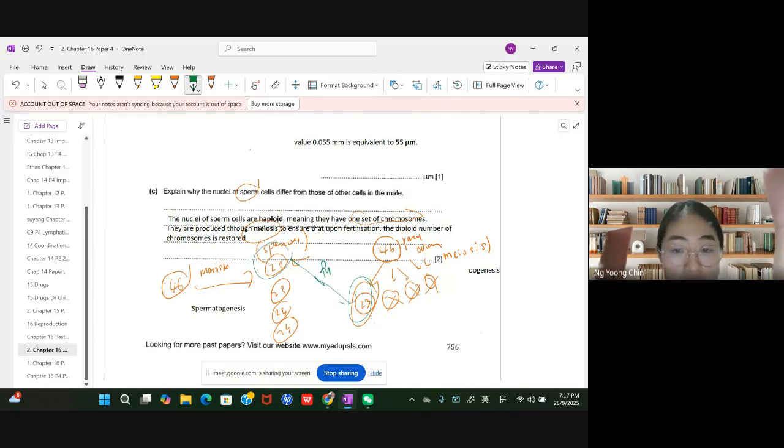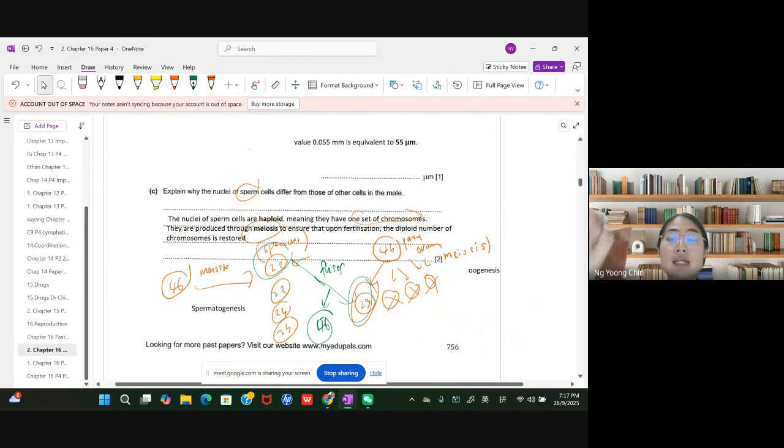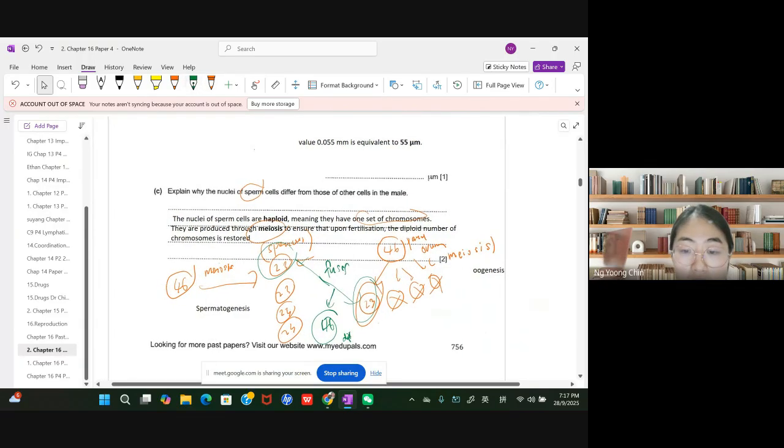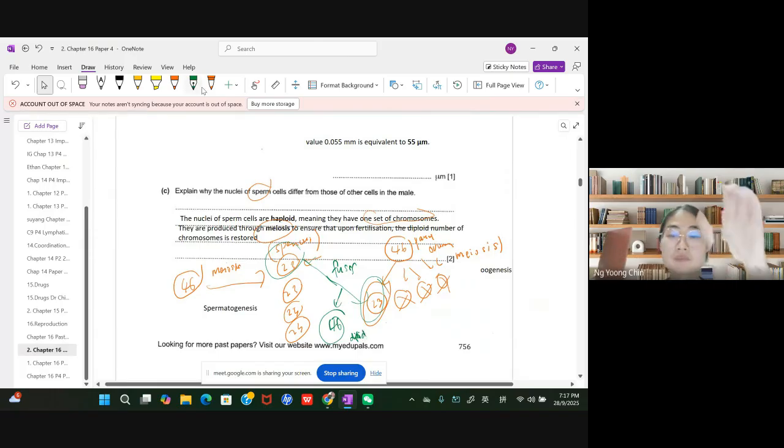Finally, they will become 23 plus 23, which is 46. They form a diploid zygote, which is 46. Later, this diploid zygote will undergo mitosis.